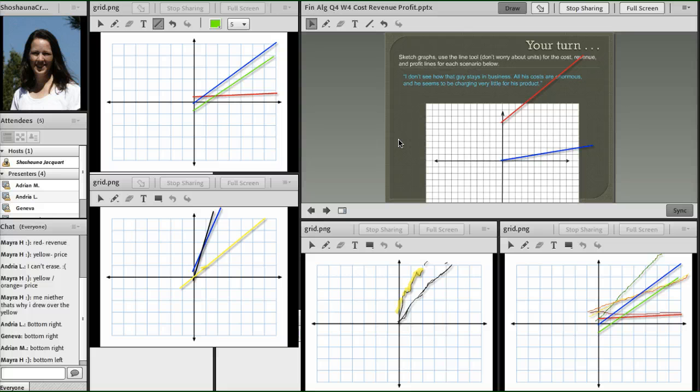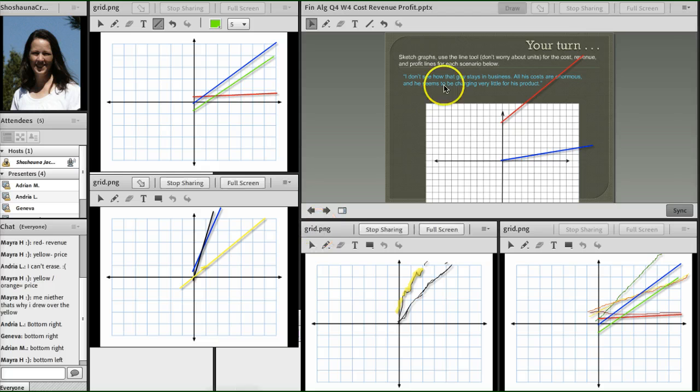Actually, it'll never cross, because those lines are not going to merge. So that guy would never make a profit. His profit function would be negative and keep going into the hole. Anyway, all those cool things.